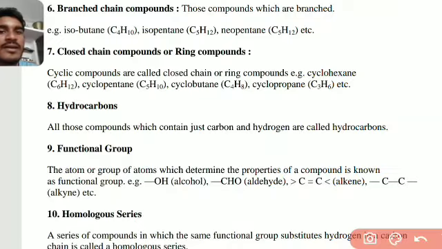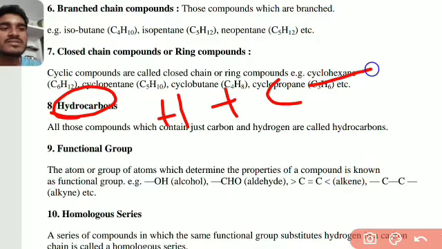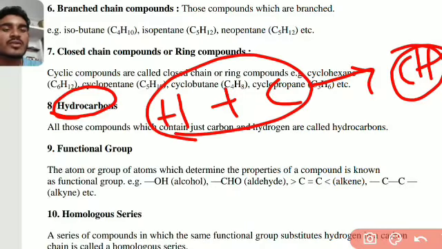Next, now we will see the hydrocarbons. What is meant by hydrocarbons? The combination of hydrogen and carbon atoms, CH, we call as hydrocarbons. Okay, all those compounds which contain carbon and hydrogen we call hydrocarbons.